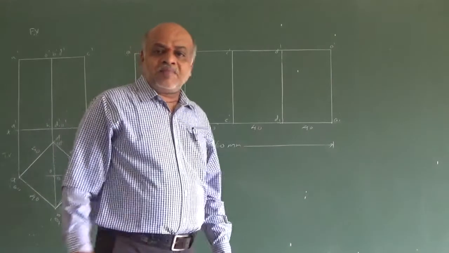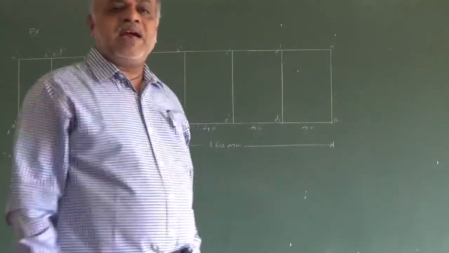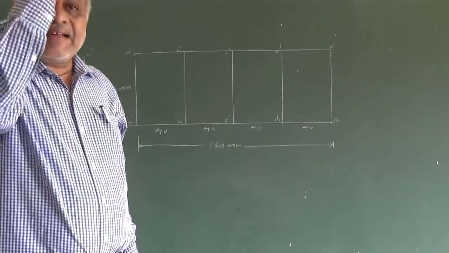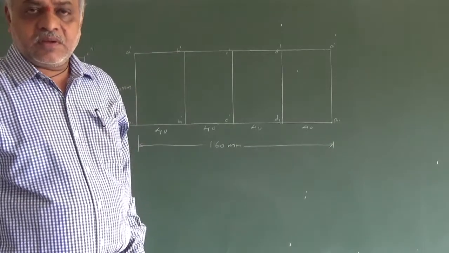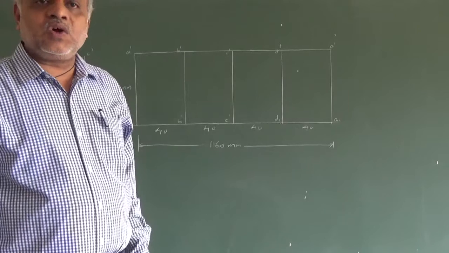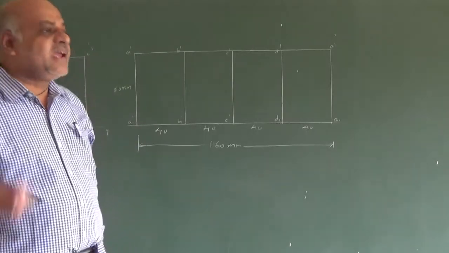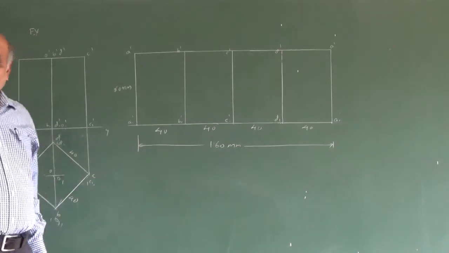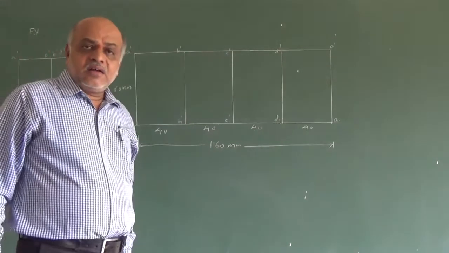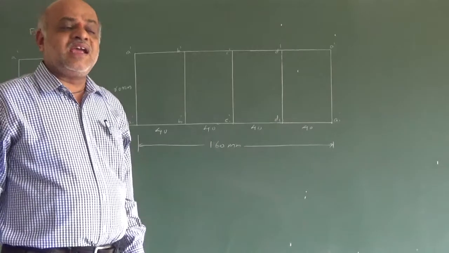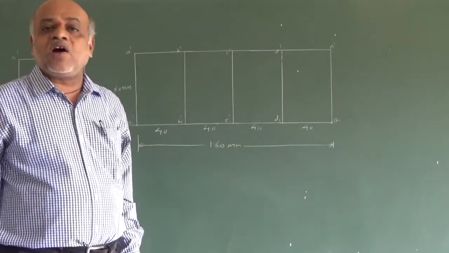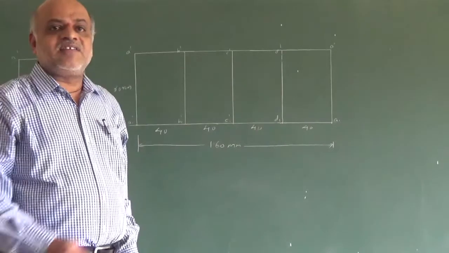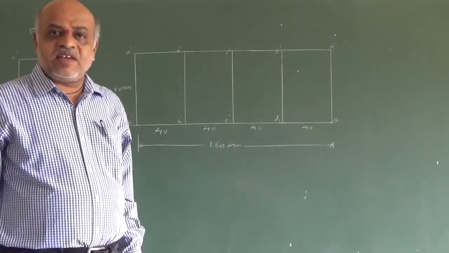Now, what the problem says is that it is not simply a development of a simple square prism. It has a cut section which is perpendicular to VP and makes an inclination with respect to HP of 60 degrees. Whatever plane surface cuts the solid and makes inclination with respect to HP will always be seen in the front view.